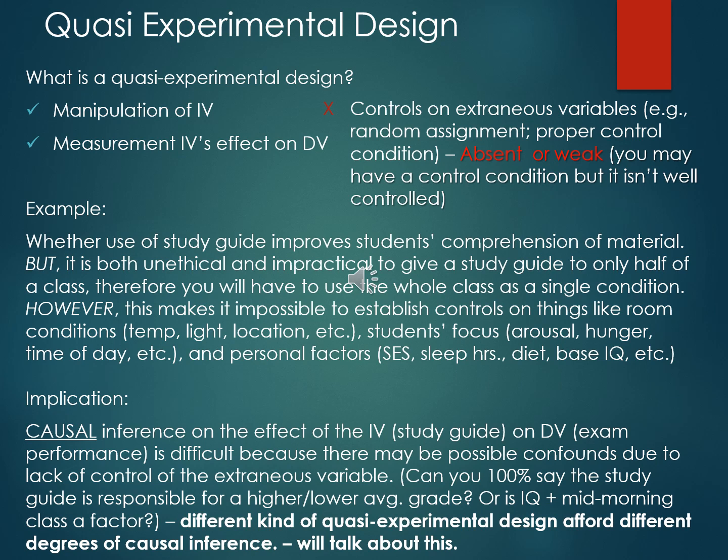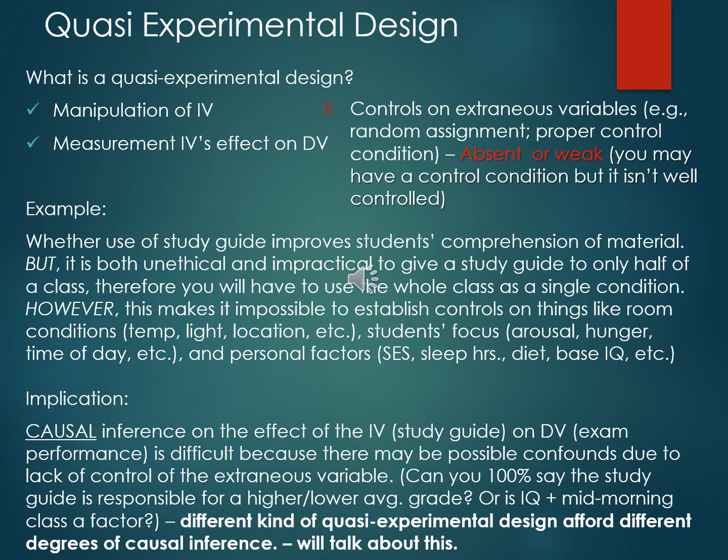Instead, what I could possibly do is to find two sections of the same course, like statistics taught in the morning and statistics taught in the afternoon or evening. Then I'm going to use the existing classes as different groups, one as a control group and the other as an experimental group.